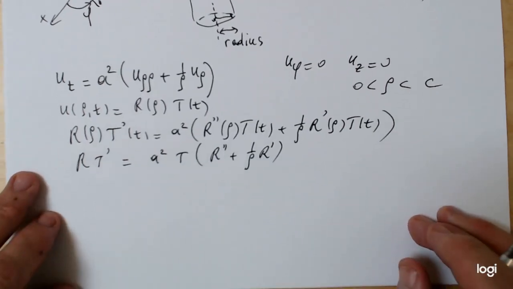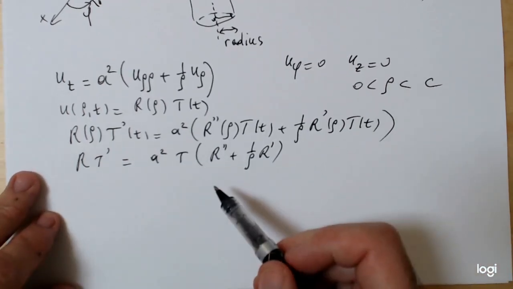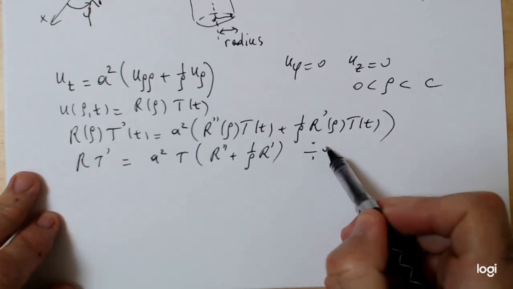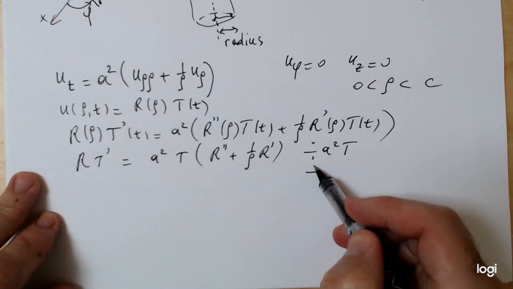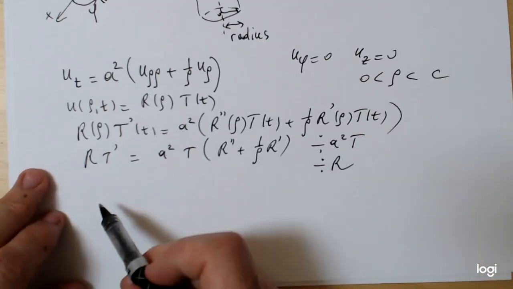And now separate. So divide by a squared T and divide by R as well. Then introduce a separation constant.